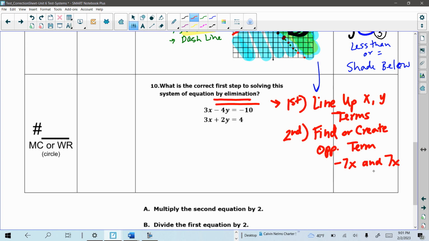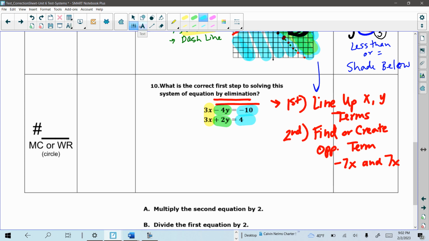That means opposite terms. Right now, if I'm looking at my x terms, they're both positives. They're not opposites. If I go to my y terms, they're opposite because one's a negative and one's plus.